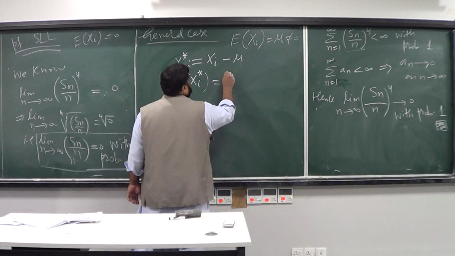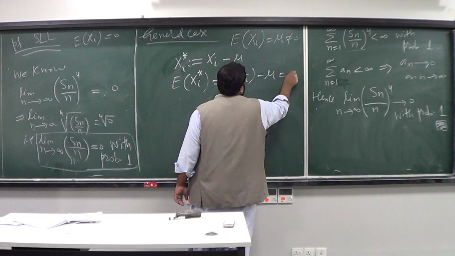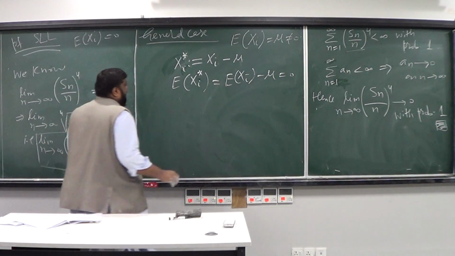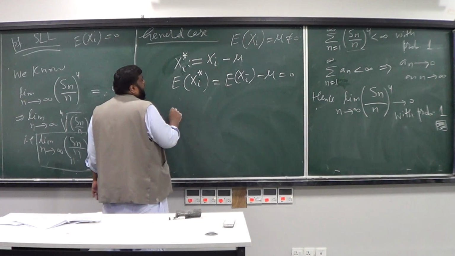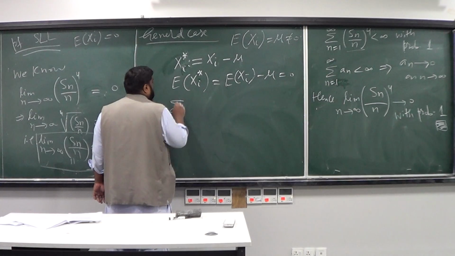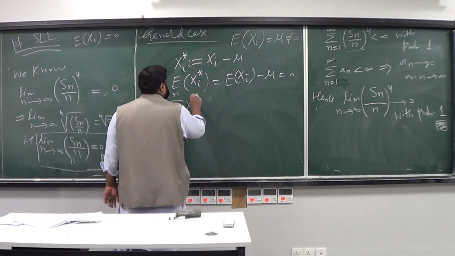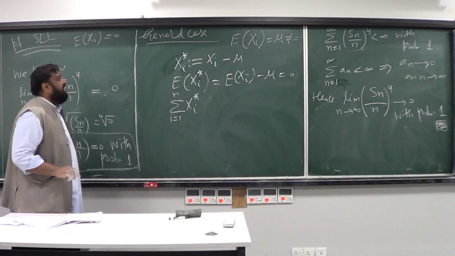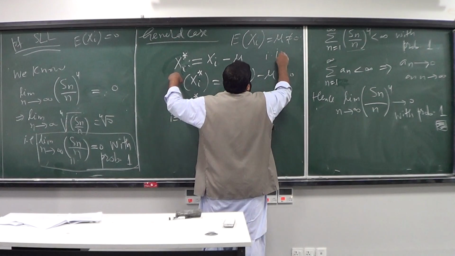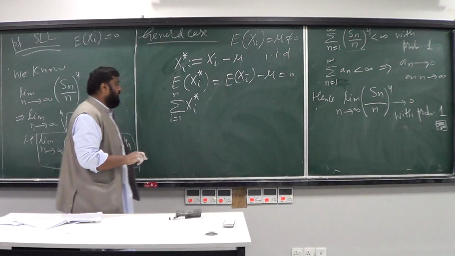The expectation of xi star is going to be the expectation of xi minus mu, so it's going to be 0. Now, if I consider the sample average of xi star, the sum from i equal to 1 to n of xi star over n. By the way, this xi star is also IID with expectation equal to 0.